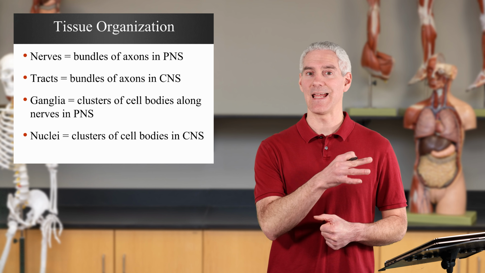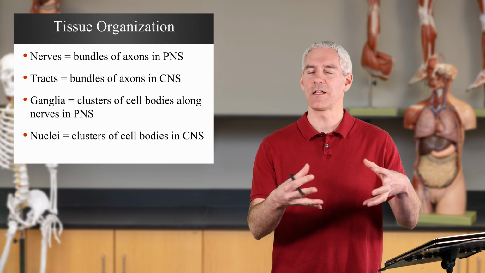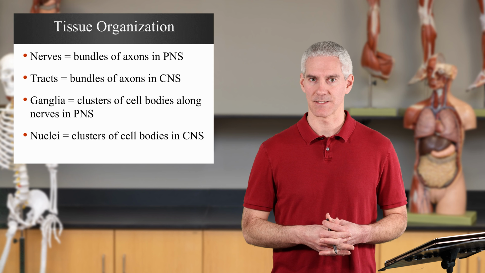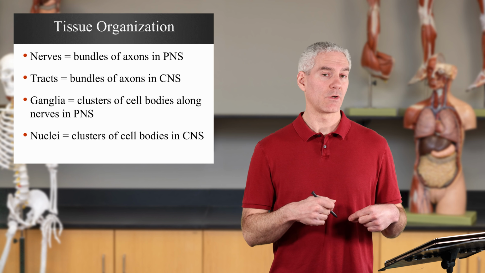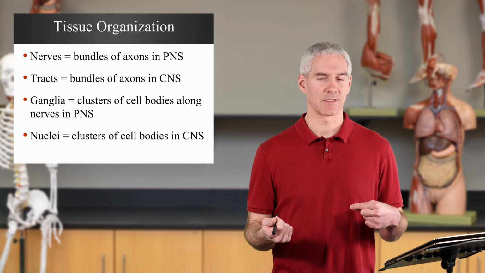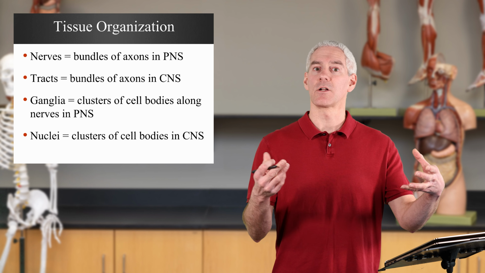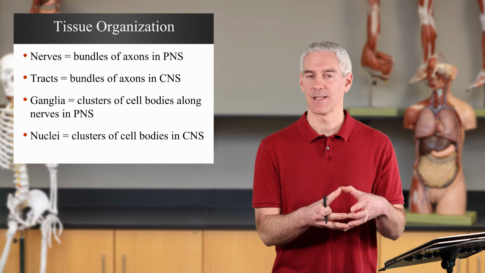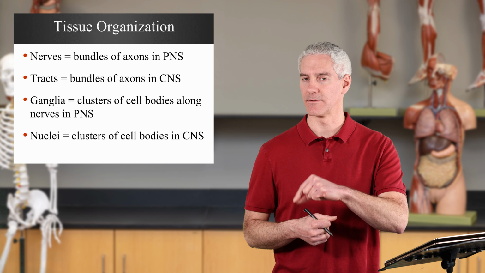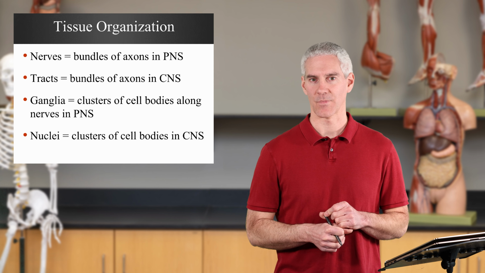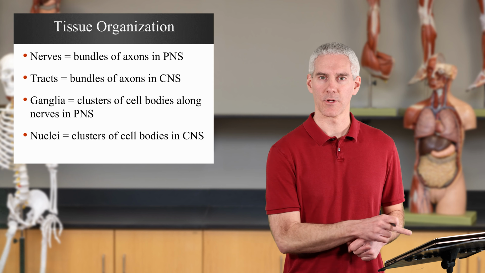So in this case, in the nervous system here, nuclei can also mean a bundle of cell bodies. So, bundle of cell bodies, looking at nuclei in the central nervous system, ganglia in the peripheral nervous system. Clustering of axons is a tract in the central nervous system, but a nerve in the peripheral nervous system. So some terminology depending on if it's central or peripheral nervous system.